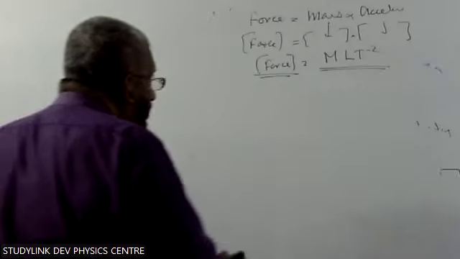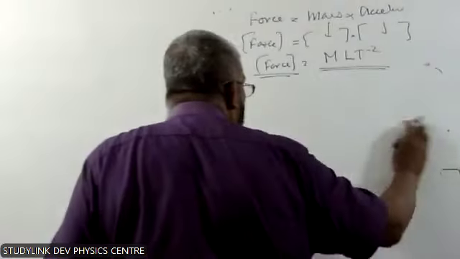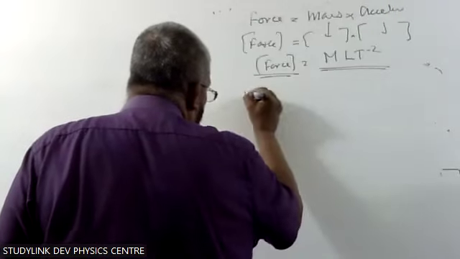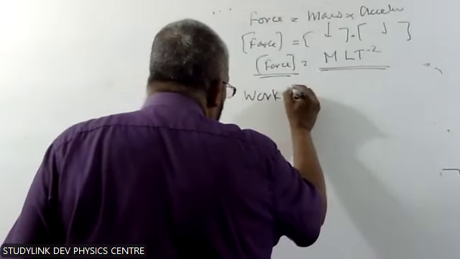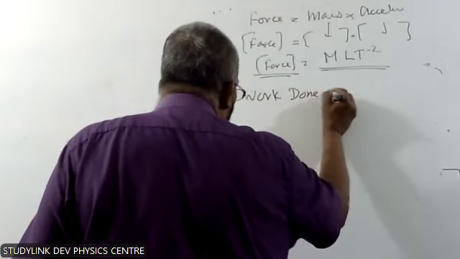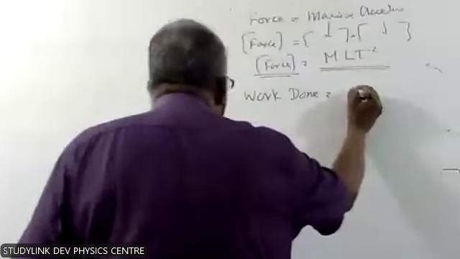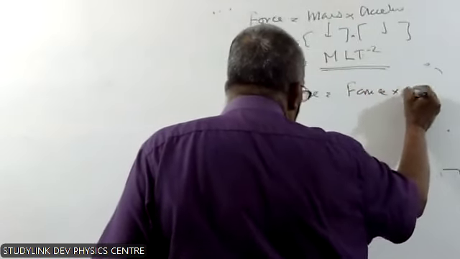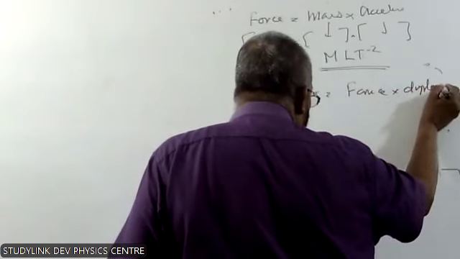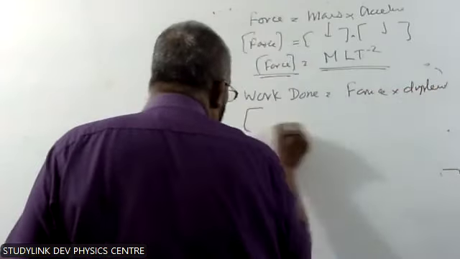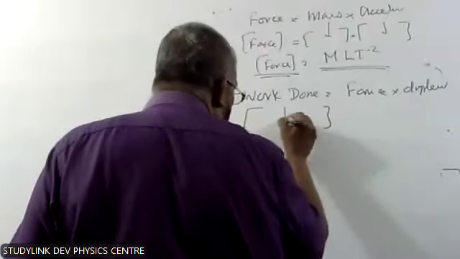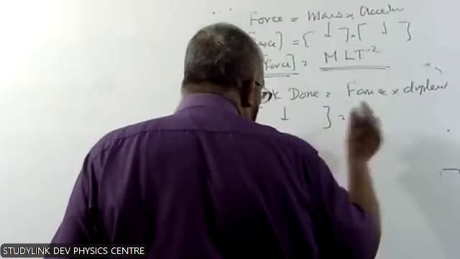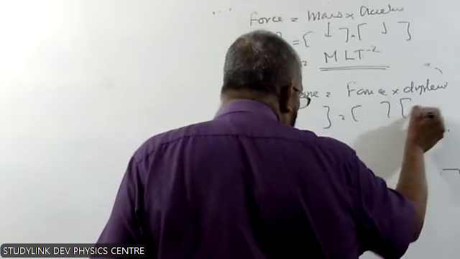Right, next one, work done. Work done, that is force into displacement. Then dimensions of work done, you write it there within the square brackets.